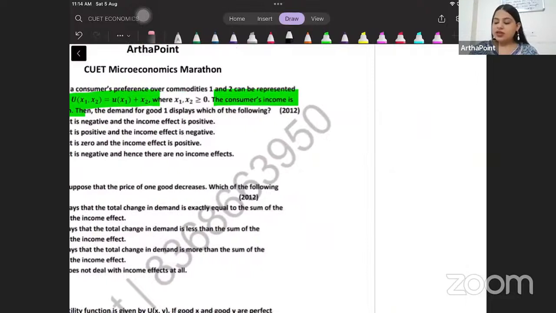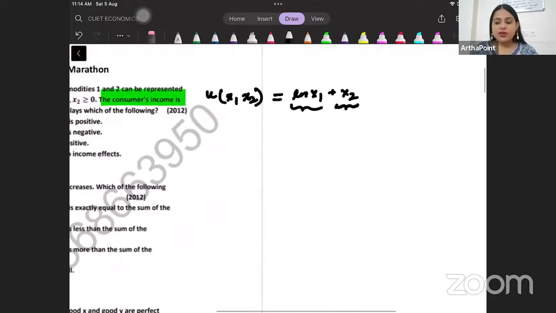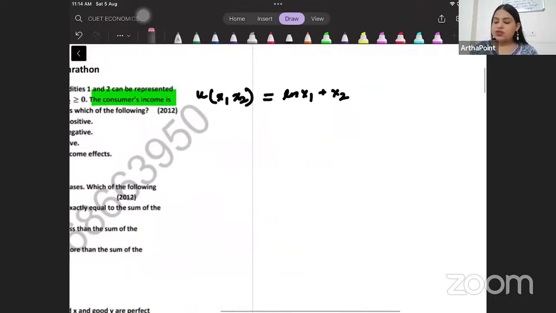So you can take the utility function, let's say as this: ln x1 plus x2. So beta, here is a function. I have taken this function as ln x1 and the other is x2. Is this clear? So beta, just think about this now.